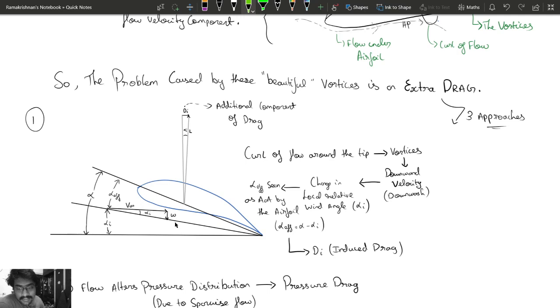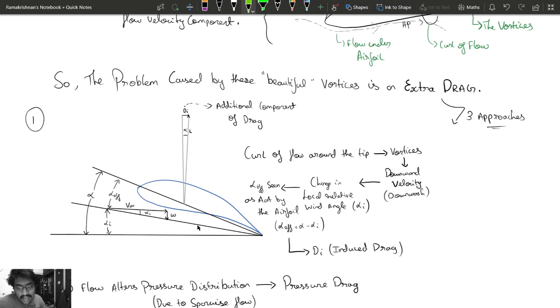But what happens is, due to the downwash, which is represented by w, the vertical downward velocity, that downward velocity along with the free stream velocity V infinity creates a net velocity in a slightly different direction, and that slightly different direction can be represented as the induced angle of attack, alpha i.